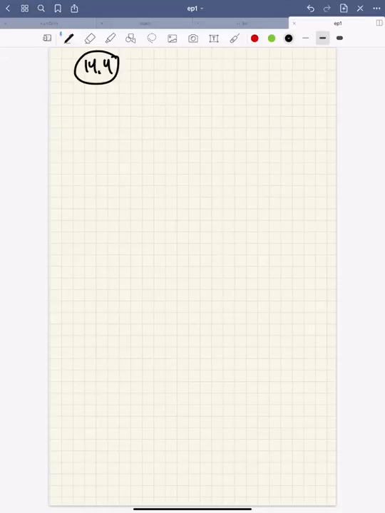Okay, now let's move to problem number 14.4. This is on slide number 10. And in this problem, we have a projectile. Let me draw this here.